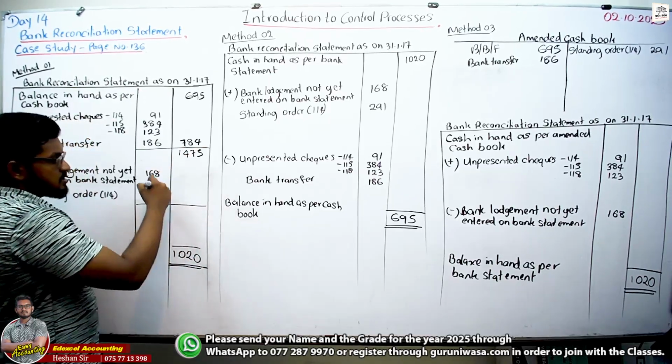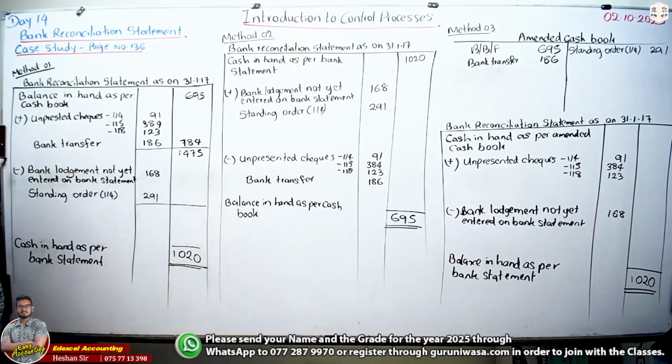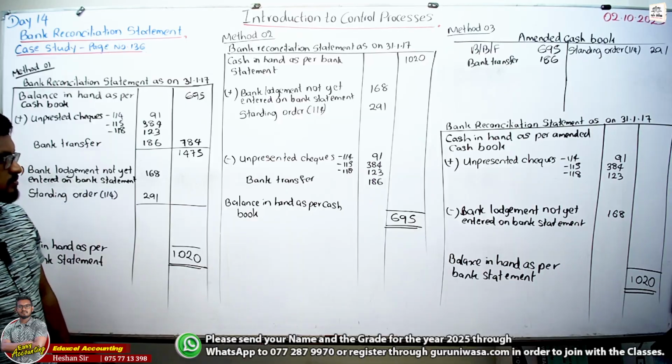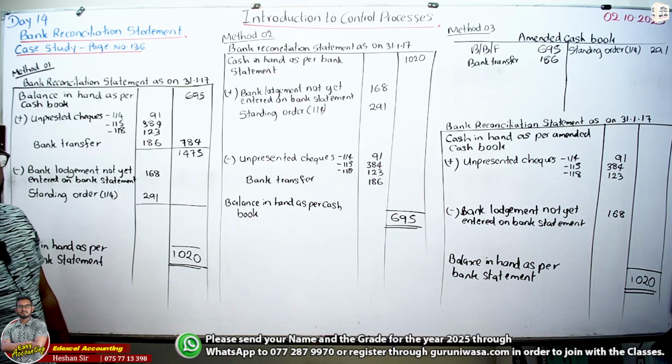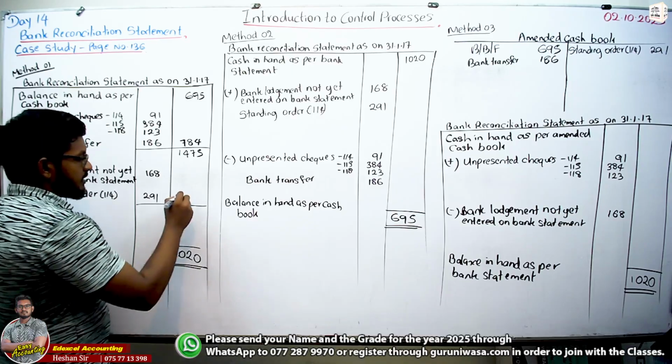Get the total of these things, 168 plus 291. 450.